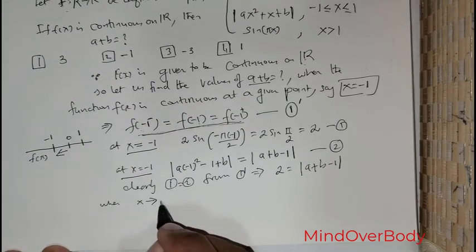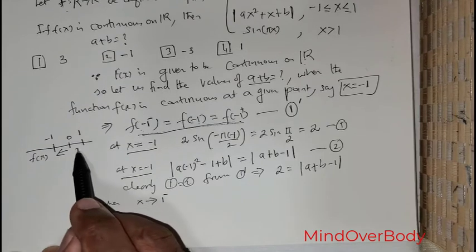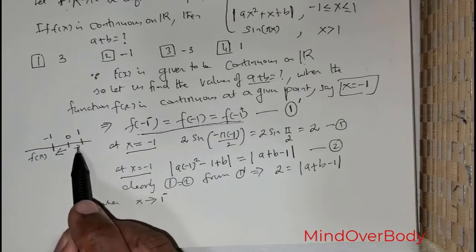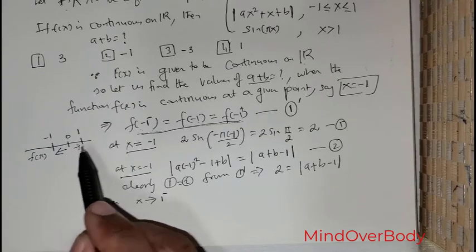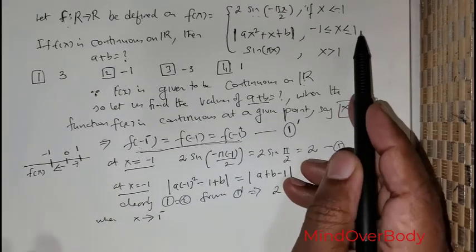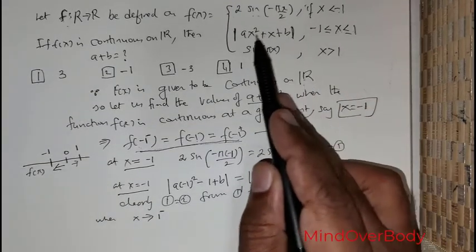Now when x approaches 1 from the left side, that means the approach is from this side. So x is going to be taking values from the left side of 1. When it takes values from the left-hand side of 1, this is the functional value we are talking about.